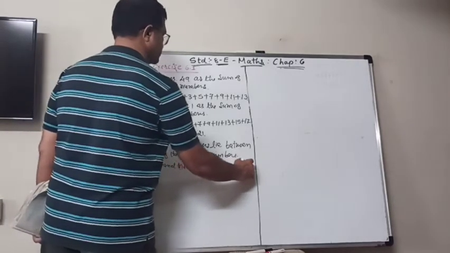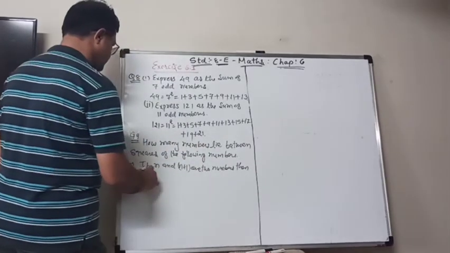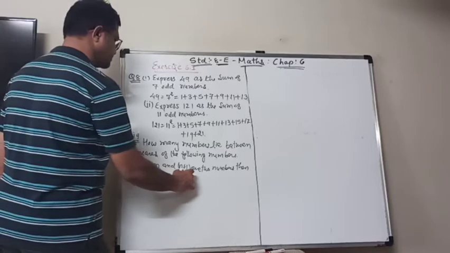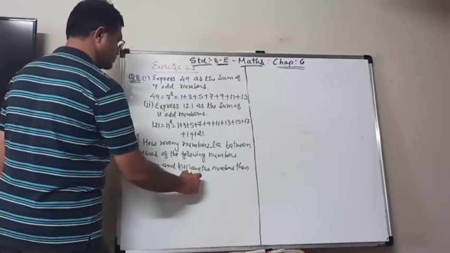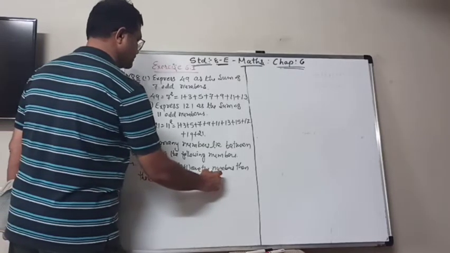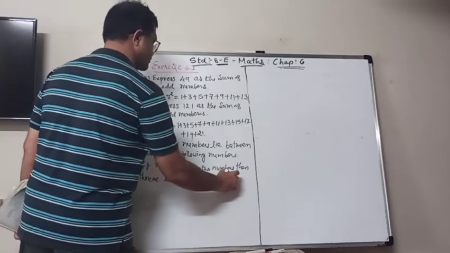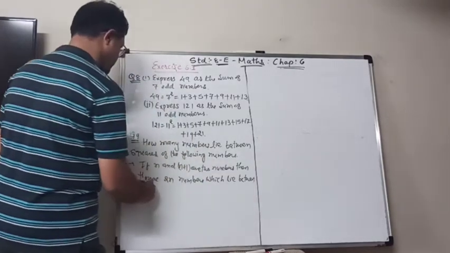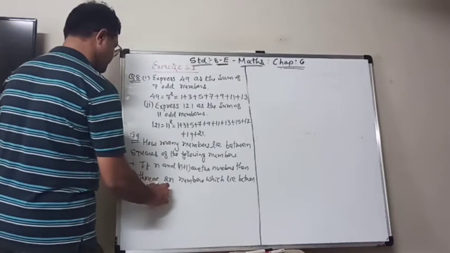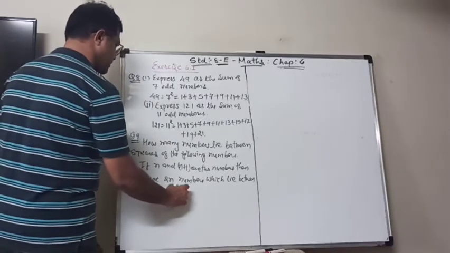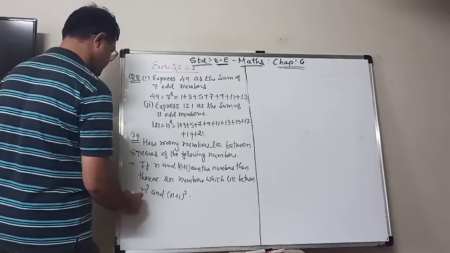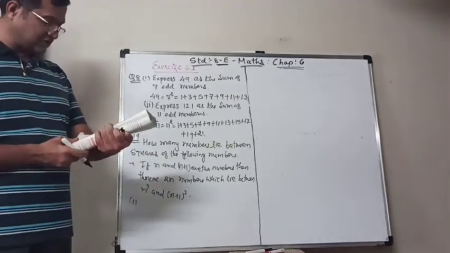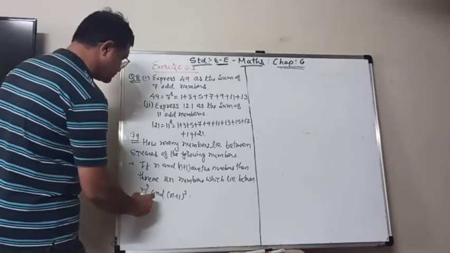then there are 2n numbers which lie between n square and n plus 1 square. We have to follow this rule. So first is 12 and 13.